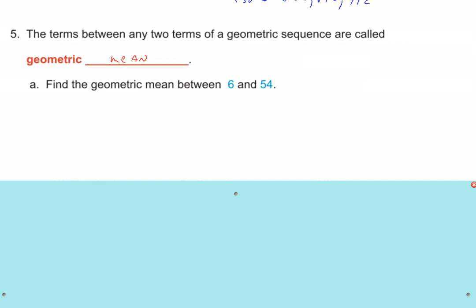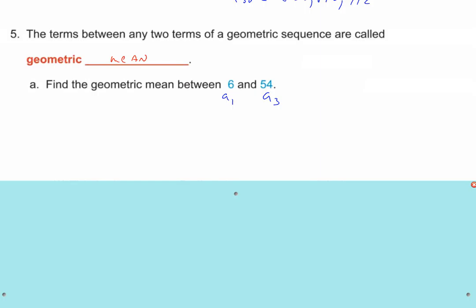If it would have said find both geometric means, then we know there's two terms between. If it would have said find the three geometric means, we know there's three terms between. Because it just says the geometric mean, we know there is only one term between. So therefore we can say this is a sub 1 and this is a sub 3.